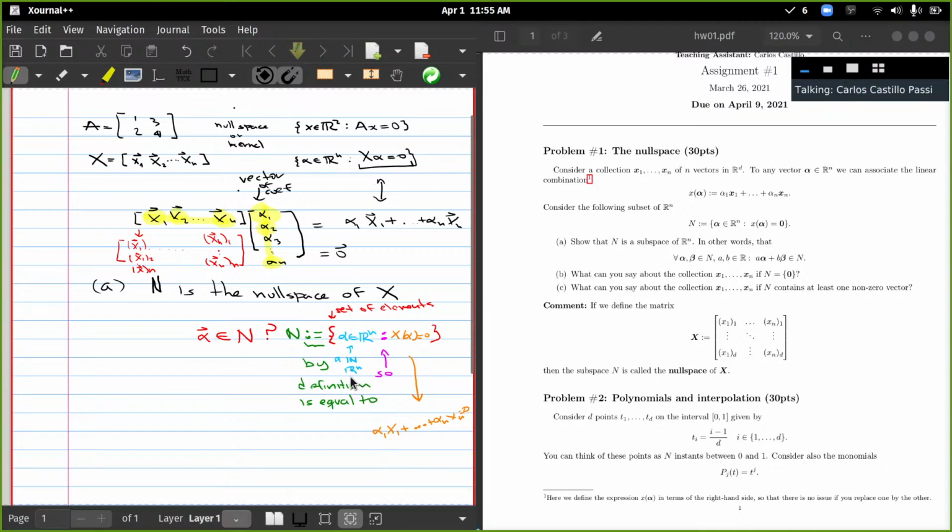The only thing we need to check to see if the addition between alpha times a and beta times b is in the null space is this expression here. This is what we need to verify.